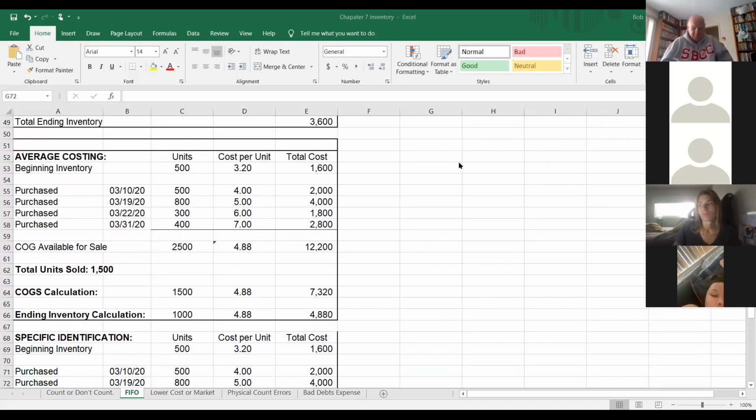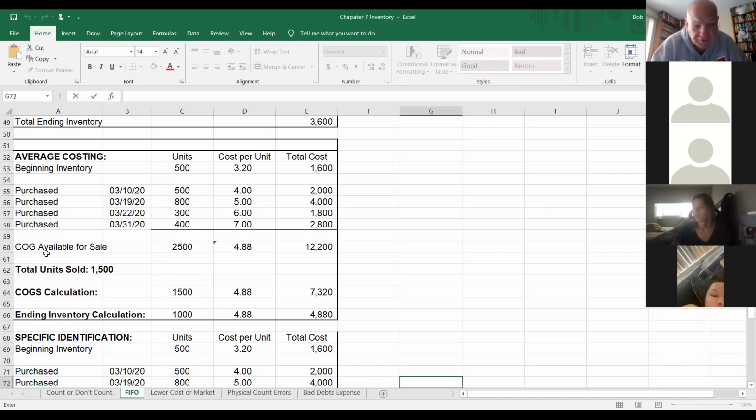Average costing. How do we get the average costing? So you divided the total cost of the cost of goods available for sale, not cost of goods sold. Available, yeah, sorry.